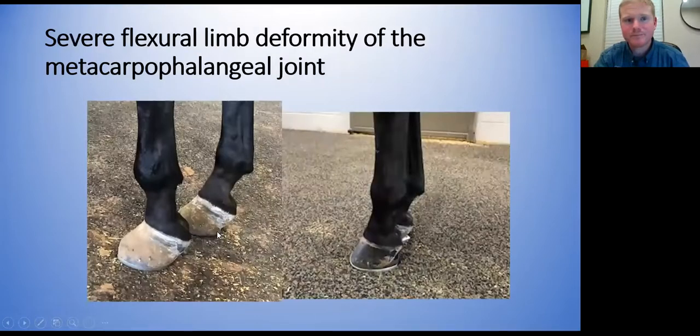Okay. This is another case. So you'll see in these yearlings and the 8 months old weanlings, you'll see this, but this is a severe flexural limb deformity of the metacarpal phalangeal joint on the left fore. And so you'll see these horses. And so number one, when I look at this foot, it is not balanced at all.